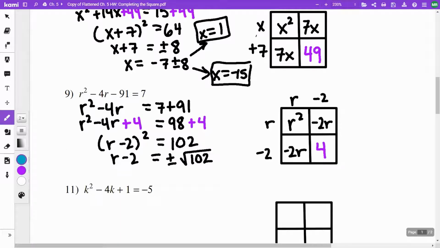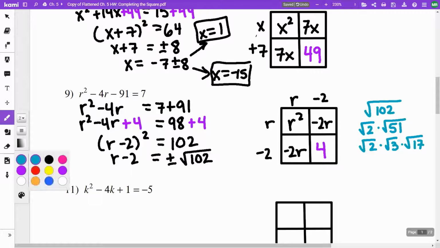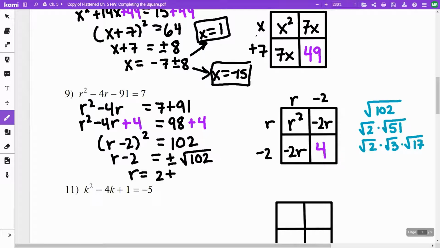So if I am looking at the square root of 102, I know for sure that that's √2 times √51. Now, 51 is going to be √3 and √7. I can't break any of those down more, so I cannot simplify my 102. So my answer is going to remain with the square root of 102 in it. So this is going to be r is equal to 2 plus or minus the square root of 102.